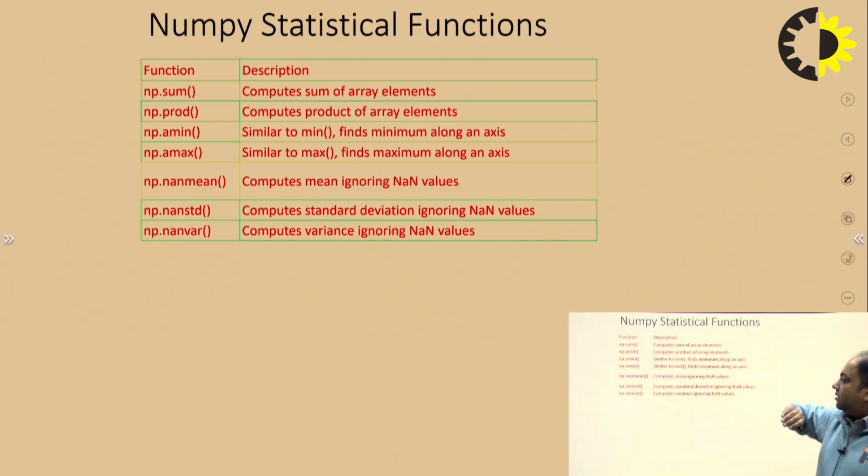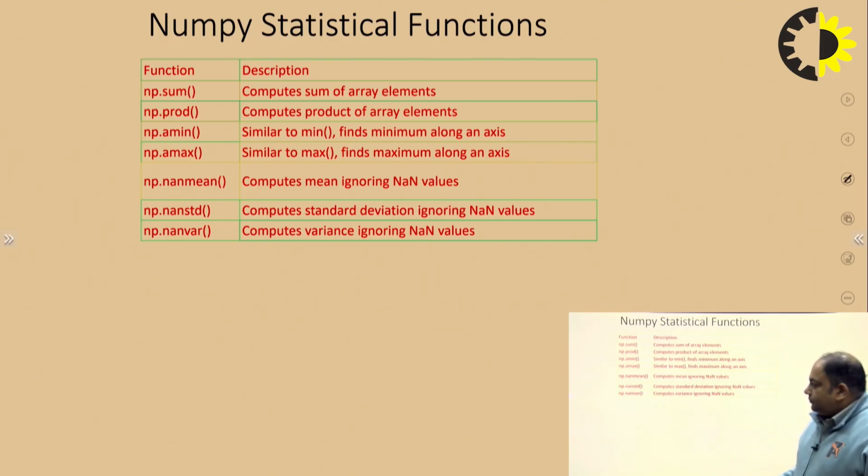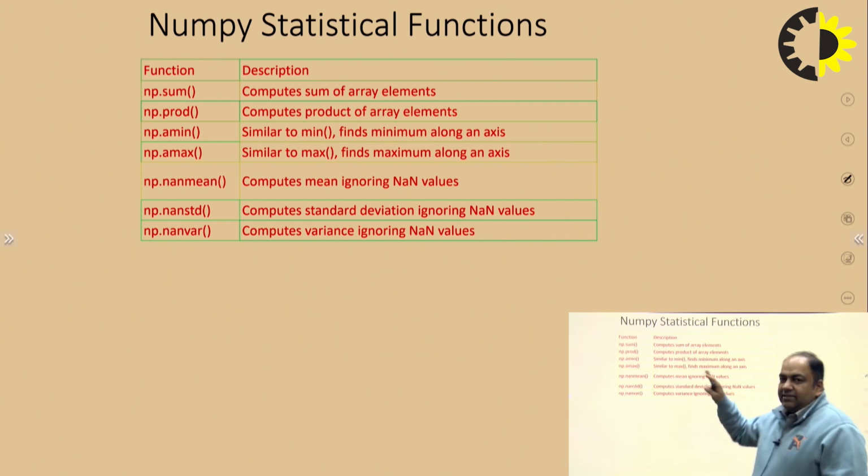Then if we want to ignore all the not a number values, basically NaN means not a number, we use np.nanmean. To compute standard deviation ignoring not a number values, we use np.nanstd.